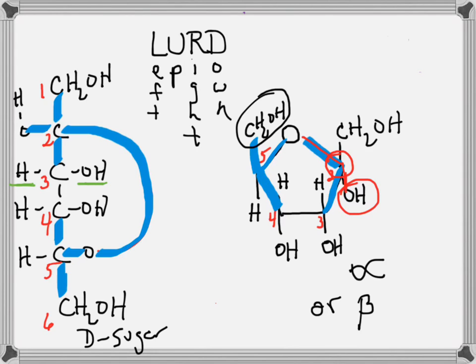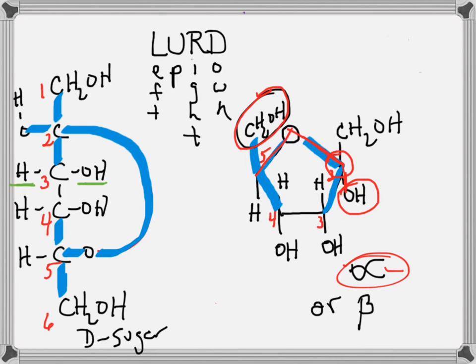So we'll go from the anomeric carbon to the oxygen in the ring over to the carbon on the other side of that oxygen, which in this case is carbon 5, and you look for the large group. Notice the large group on the other side is up. I've circled the 2 that we're looking at, the large group on carbon 5 and the hydroxyl group on the anomeric carbon. Notice one of them is up and one of them is down. If one is up and one is down, it doesn't matter which, it is anti.